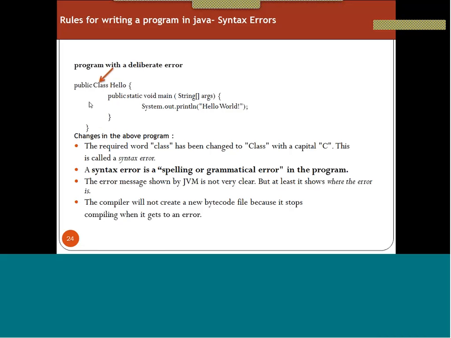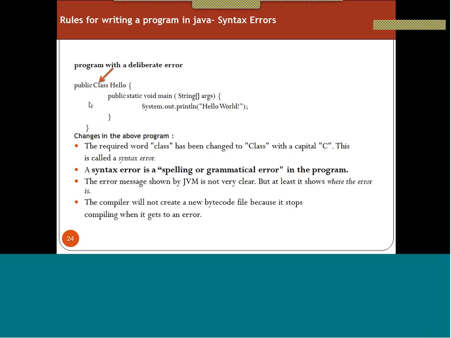A syntax error is a spelling or grammatical error in the program. I will show what a grammatical error is. The error message shown by the JVM will not always be very clear, but you have to figure it out. It will ideally show the line number.